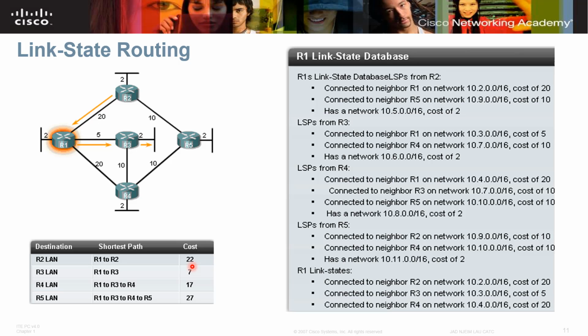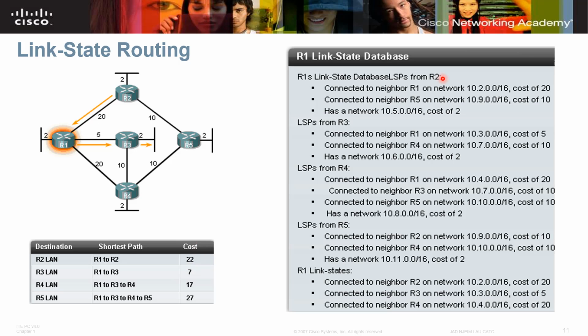Here we are still at R1 as an example, and the same is repeated at each router. R1 will collect information about its own directly connected links: R2, R3, R4. This is the link state packet at R1 and it will flood this to all other routers. At the same time, all other routers will also construct link state packets and flood them to all other routers.